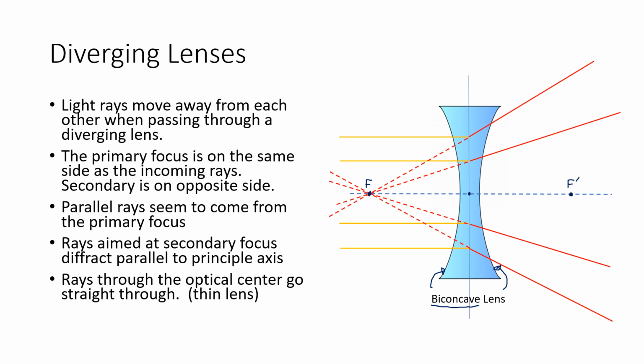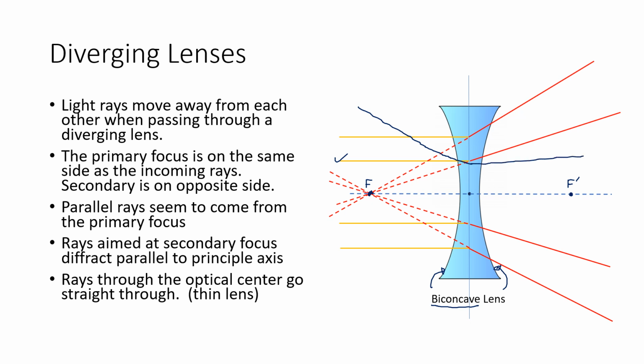So for determining where images are going to be, you can always do what we just did here. You can make a parallel ray to the principal axis, and it will refract as it goes through as if it's coming from the focal point. Then if you aim a light ray at the secondary focal point, so it's the reverse, then it'll refract out parallel.